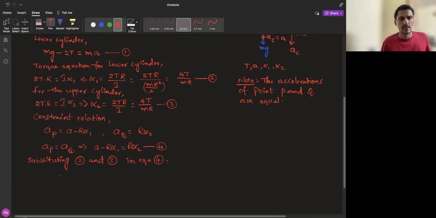So what are we going to get now? A minus R into alpha 1, which is 4T by mR, is equal to R into alpha 2 value, 4T by mR again.